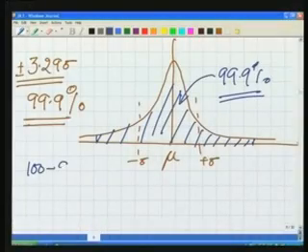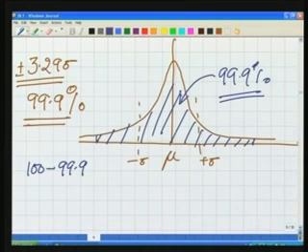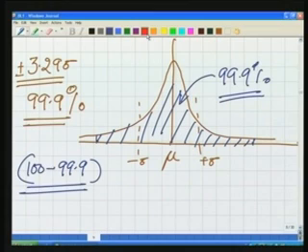Now, the rest of the data, 100 minus 99.9, this data will stay outside here, because this percentage is now a very feeble possibility.